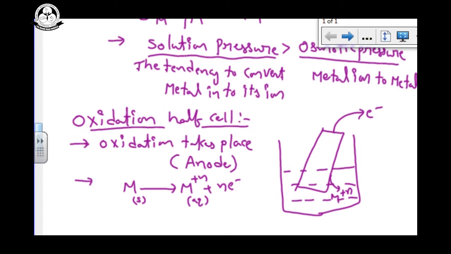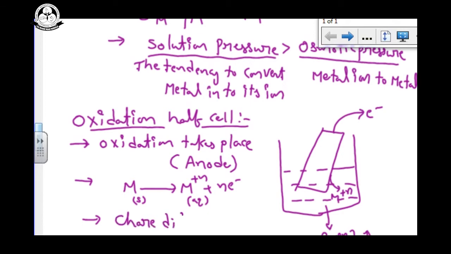As usual, when the metal moves from the metal anode into metal ion, after some time the concentration of metal ions in our solution will be increased. The previous concentration of metal ions will decrease. So a potential difference is developed between the metal and metal ion.